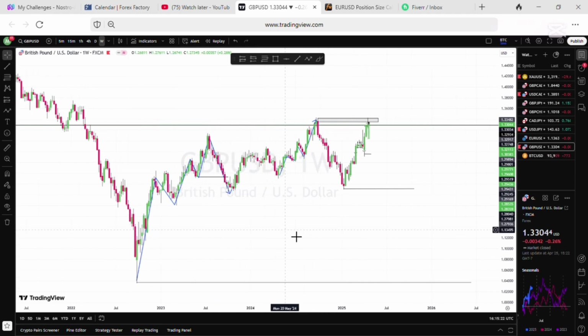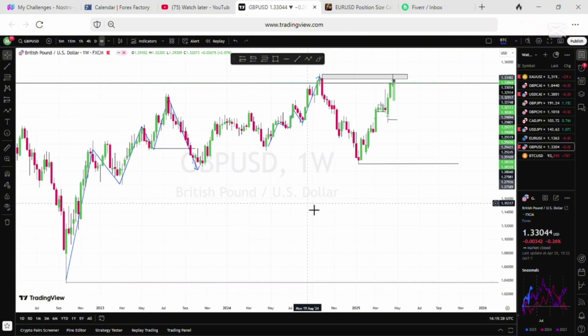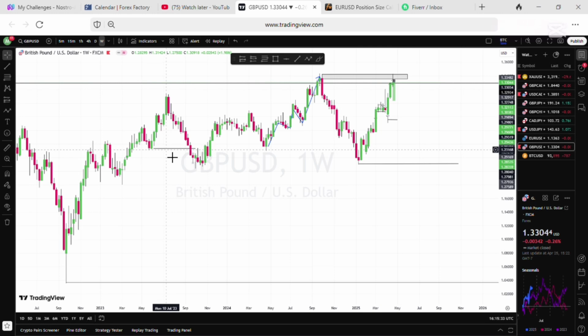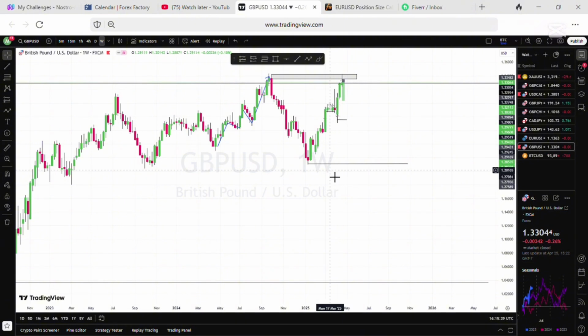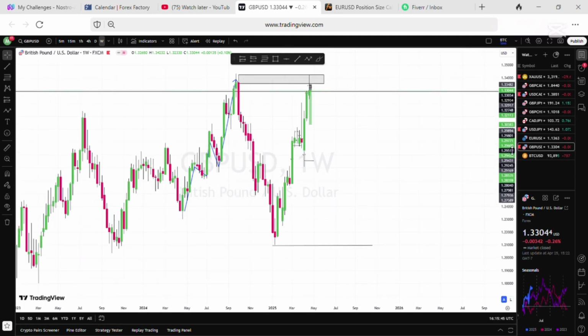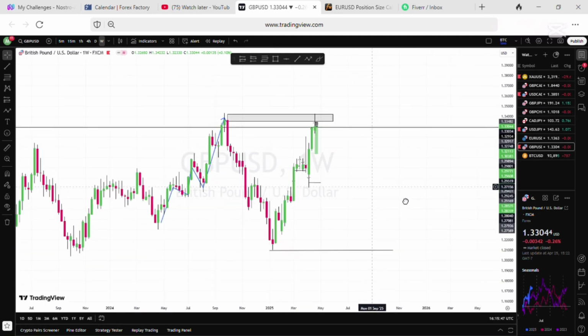But now the market has tapped in on this demand zone here, which is our weekly demand zone, and now it is expected to retrace back down to the previous low, which is this one here, which I've already marked out. So price will be expected to retrace back down.